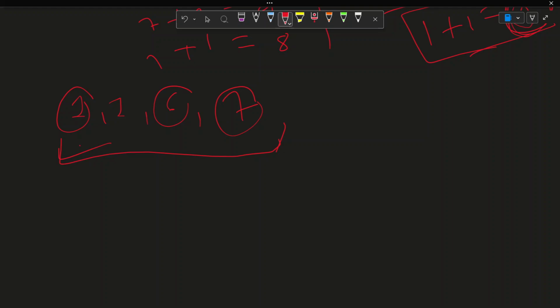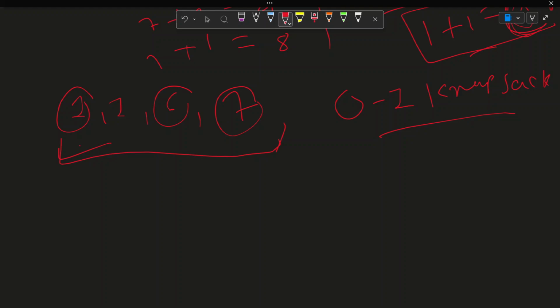Also in the data structures part, in the DP section, there is a very famous concept, 0-1 knapsack. I know you all are familiar with this concept. It is a very famous problem.